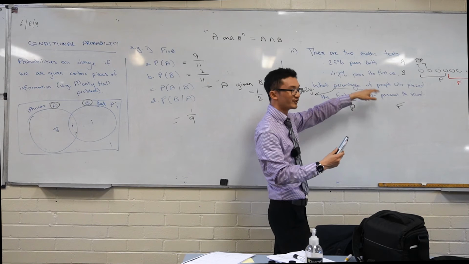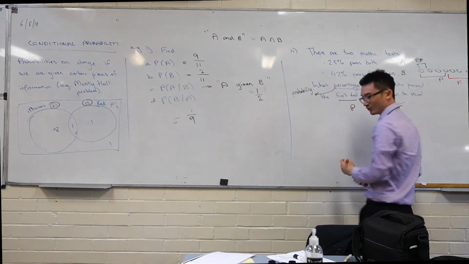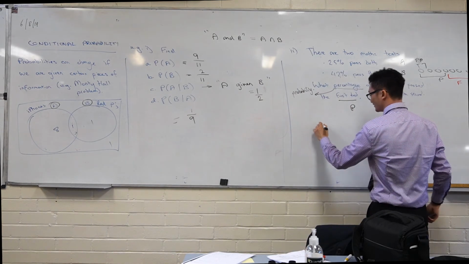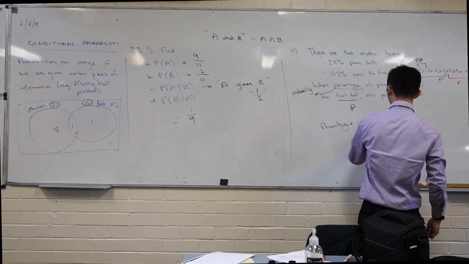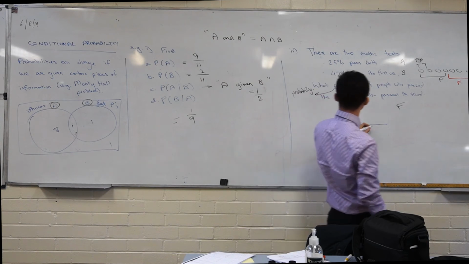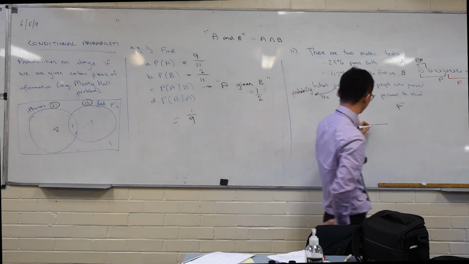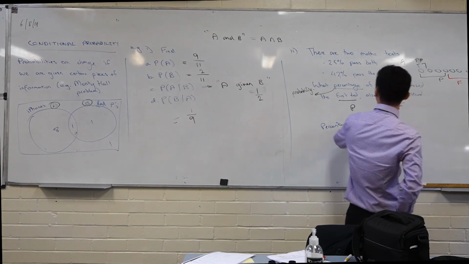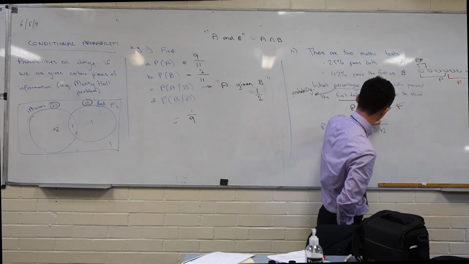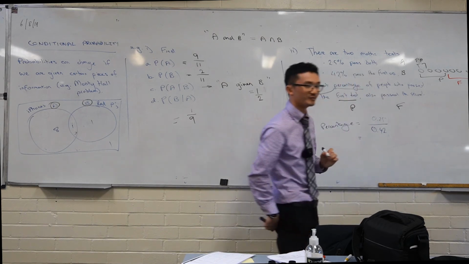Which is 42%. So the percentage, or you can think about it as a probability as well, is equal to, on the denominator, 42%, or you can write that as 0.42, whichever is easier for you. And the numerator is the people who passed both: 0.25. What's that going to be?